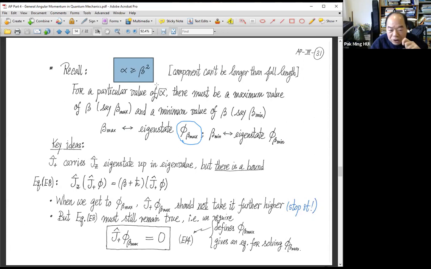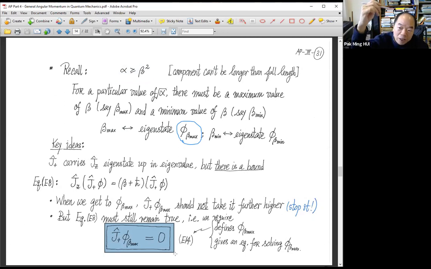Okay? How to stop it? We must require that when J plus operates on this maximum Z component eigenstate, it gives 0. Once it satisfies this, further operation of J plus will remain 0.